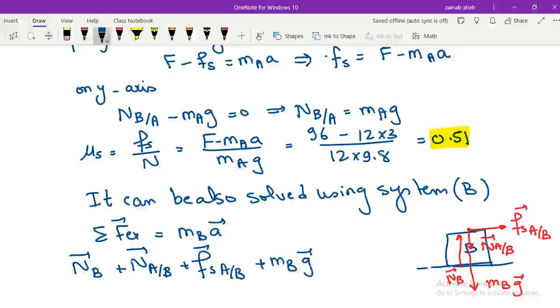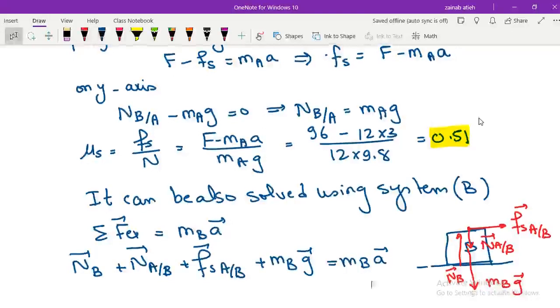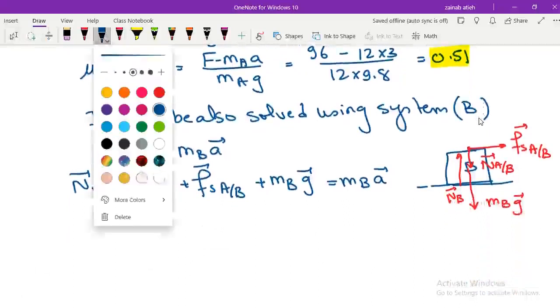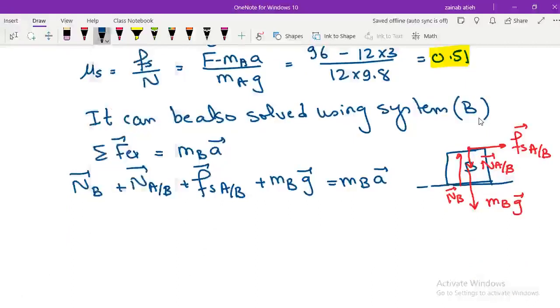Now I have to project along the x-axis and on the y-axis. On the x-axis I have only Fs. So along the x-axis I have Fs only. Fs exerted by A on B is equal to MBA.